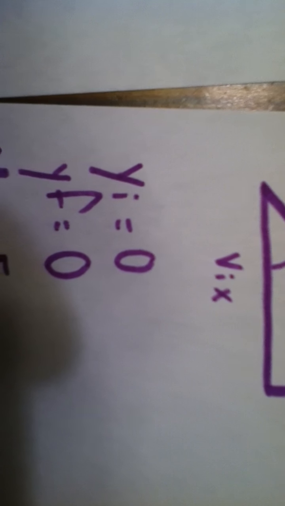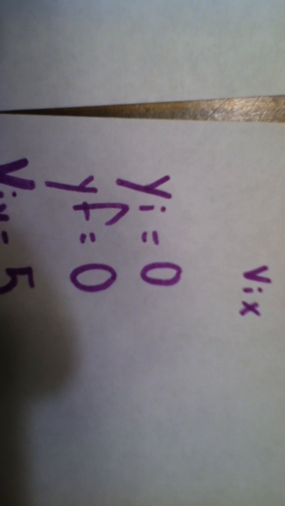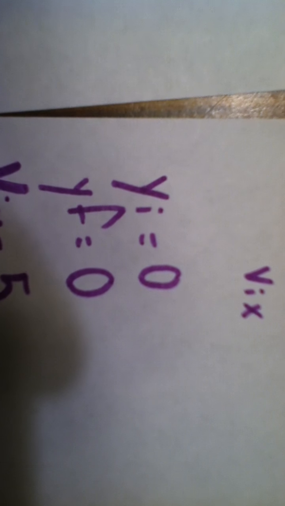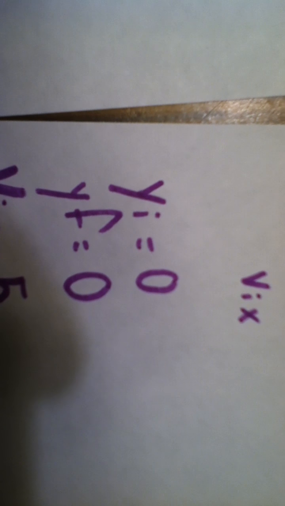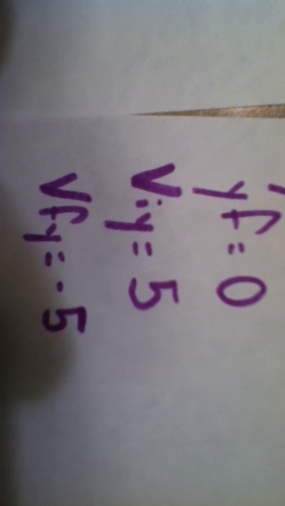these equations. The initial and final position along the y-axis are 0 because the ball goes in an arc and ends in the same height that it began at. The velocity in the y is equal to 5. We know this through our 30, 60, 90 ratios.